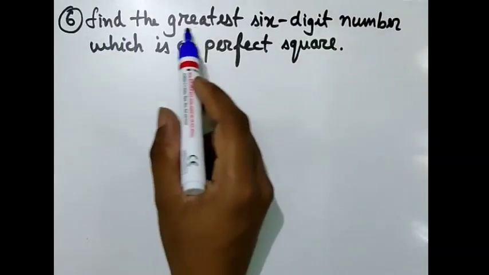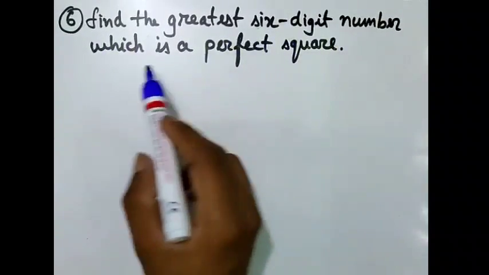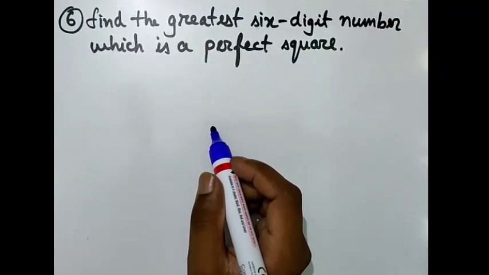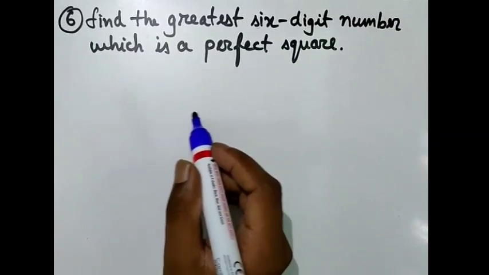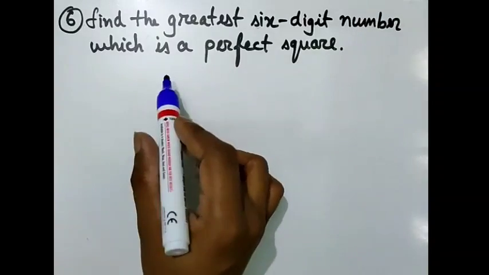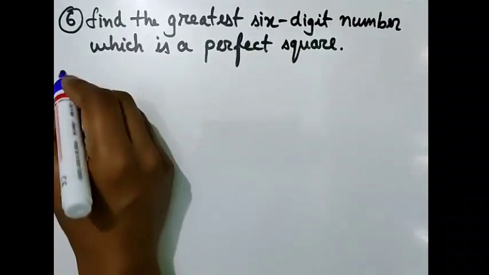Find the greatest 6-digit number which is a perfect square. For this, let's write the greatest 6-digit number first.